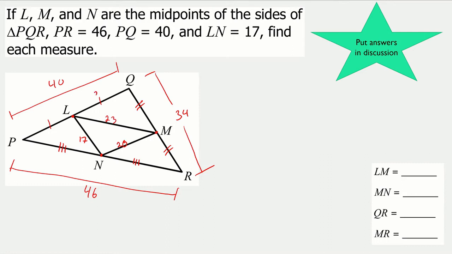And then we can go in and fill in each one of these. That's 20 and 20. This is going to be 23, 23, and 17, 17. And so each one of these, so LM is 23, MN is 20, QR is 34, MR is 17.